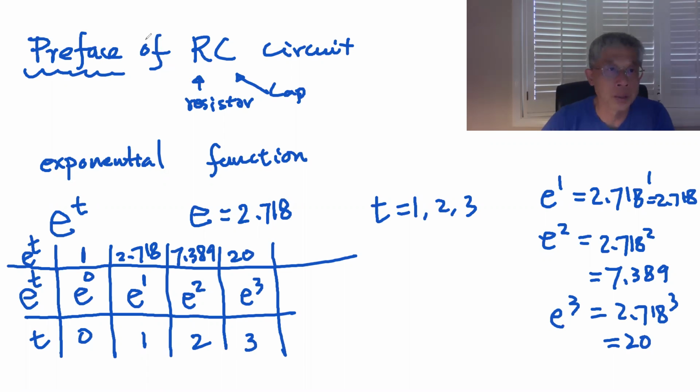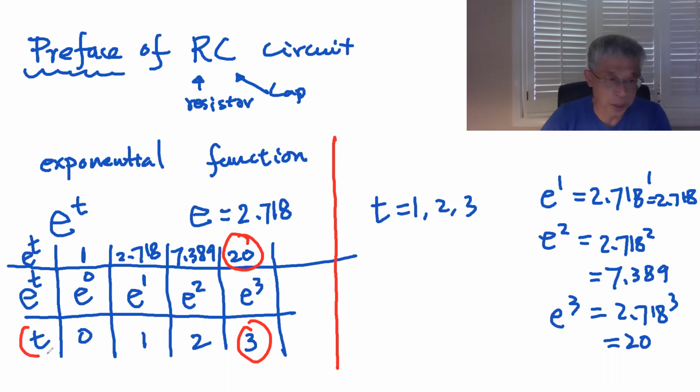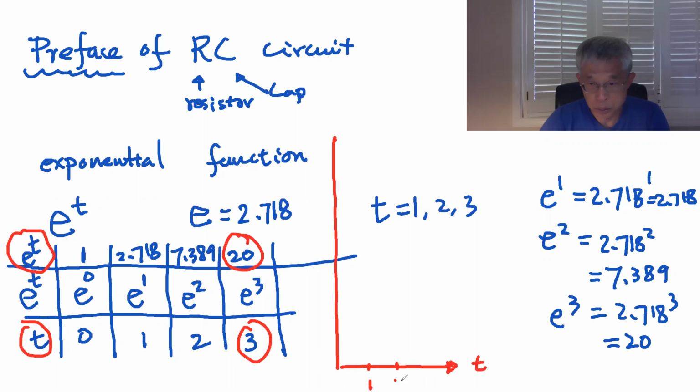So I'm going to change the color here. Okay, I want to make it like that. So you can see when I go to 3, this guy already goes to 20, right? So from T from 0 to 3, ET already goes from 1 to 20, okay? So that's why I'm doing a graph like that. So this is T, and this is 1, 2, 3, okay?